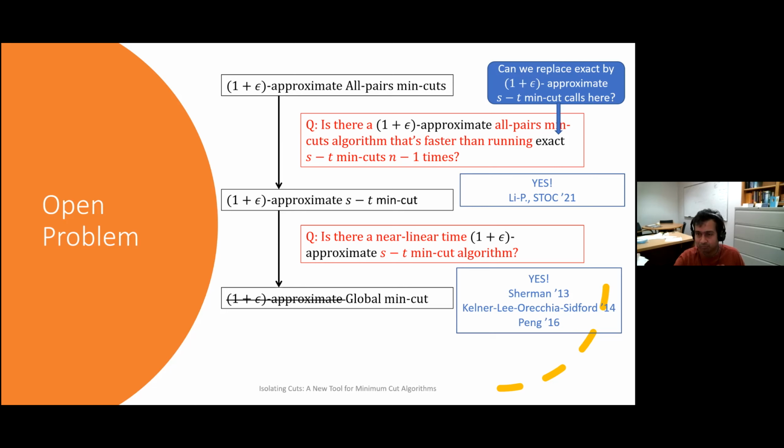So approximate versions of all the problems would then be solved in near linear time. That's the holy grail in this research: getting to near linear time algorithms, at least up to allowing these approximations.